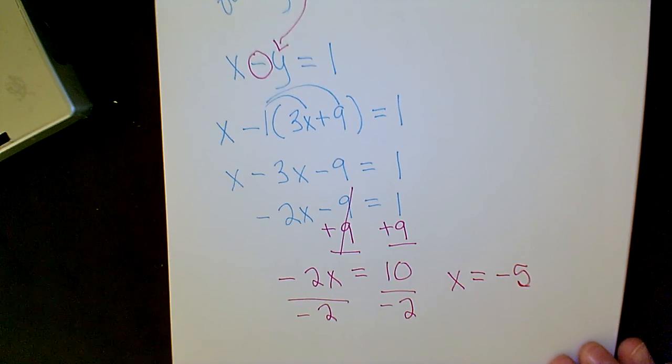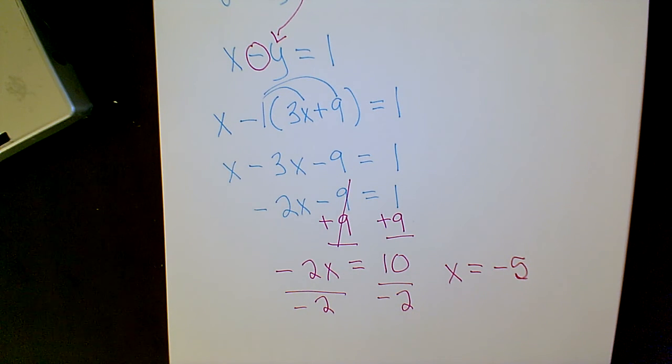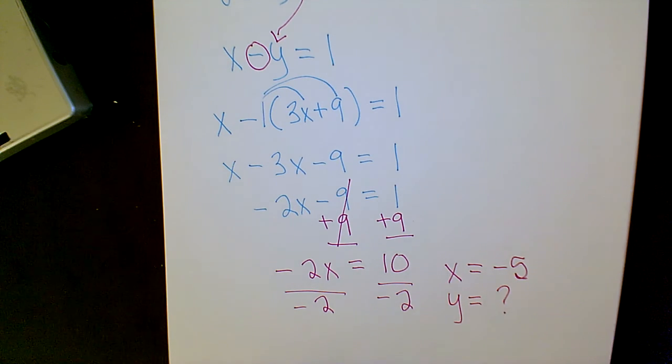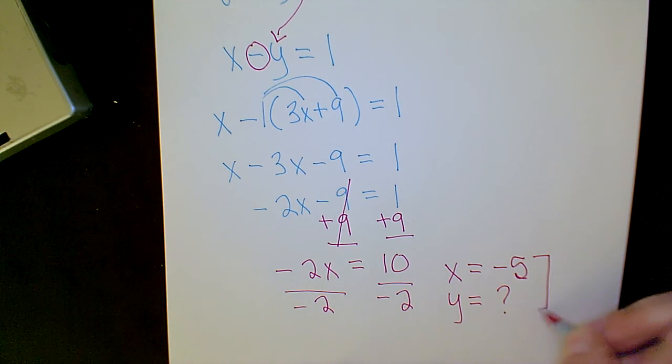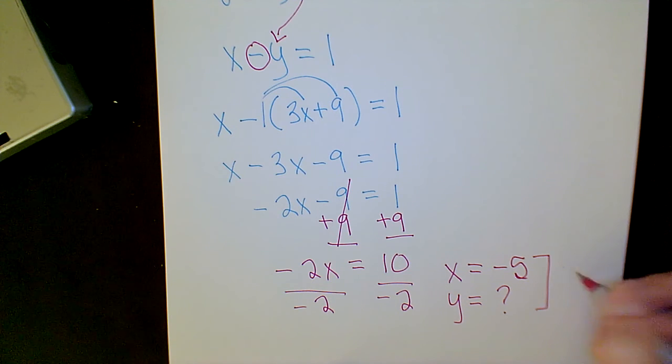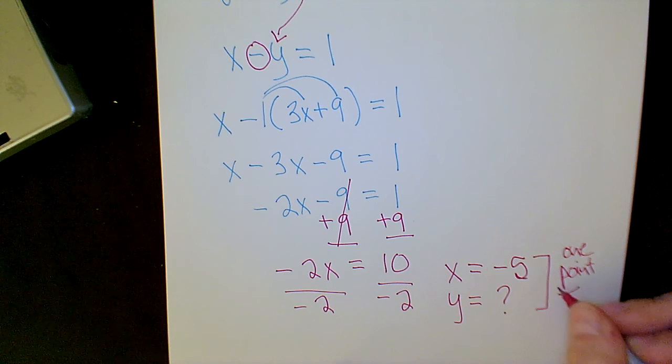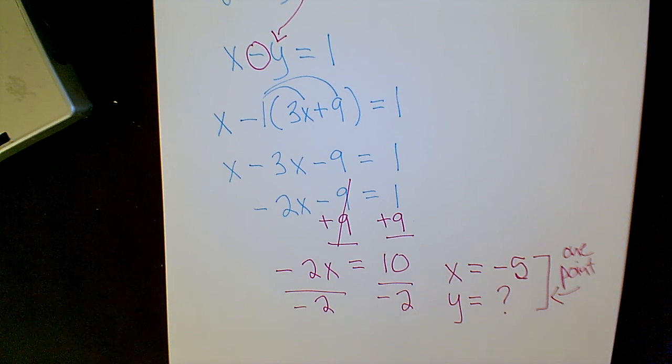So I'm not done, because this answer is a point, and I need to find the y part. So this is looking like this is one solution. So this is 1 point, and I need the x part and the y part.